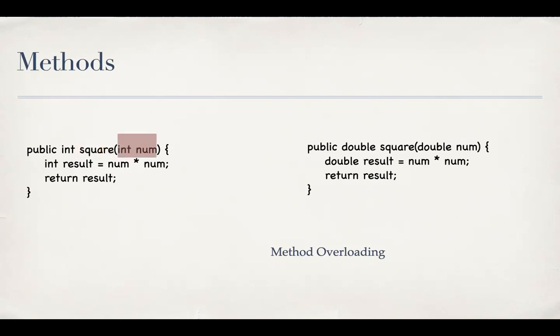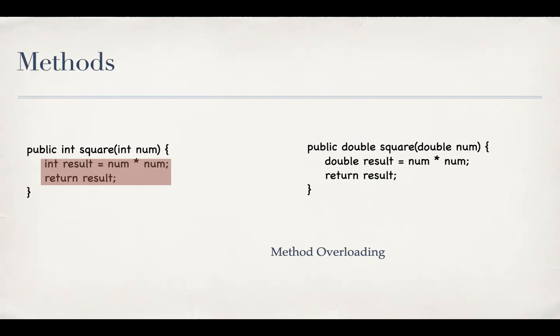Int num in parentheses is a list of formal parameters. There can be zero or more formal parameters for a method, and these are basically placeholders for the actual values that will come in when you are invoking this method. And here is the method body, where you do your computation or print things or whatever. Here we also see a return statement.